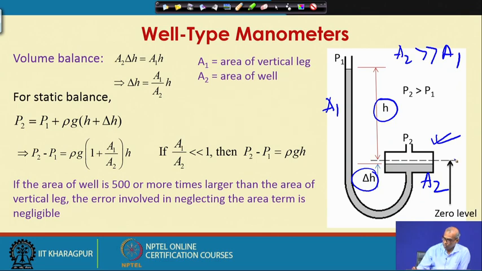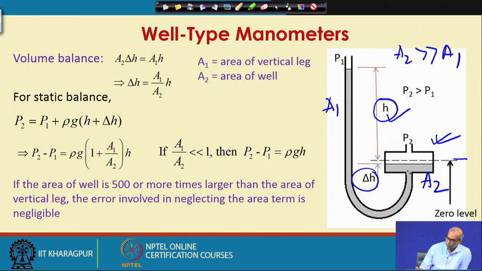So, initially this was the 0 level. The change in the mercury level in the well has gone down only by a small amount delta H, and the change in the mercury level in the vertical leg is H, and P2 is greater than P1.